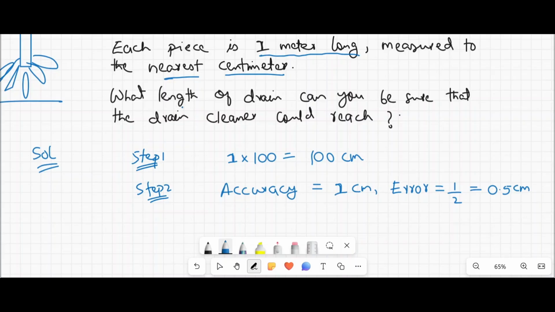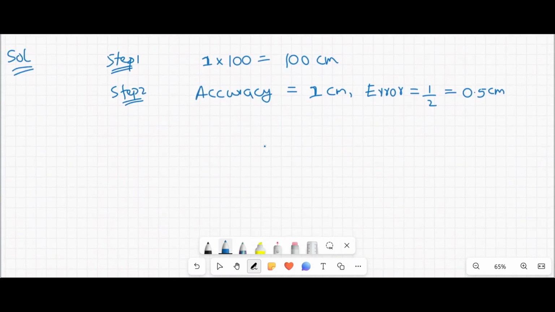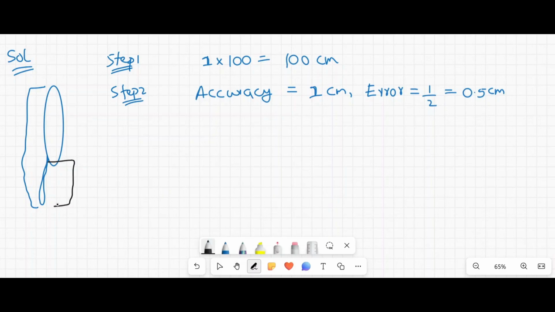What length of drain can be shown that the drain cleaner could reach? Now we are not calculating the complete pole, but just one flexible piece. So you add the error term 0.5.